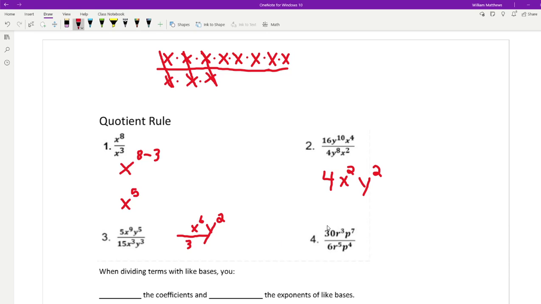Number 4, if we look at it, 30 divided by 6, that will give us a whole number. That will give us 5. R cubed divided by r to the power of 5 will be r to a negative 2.